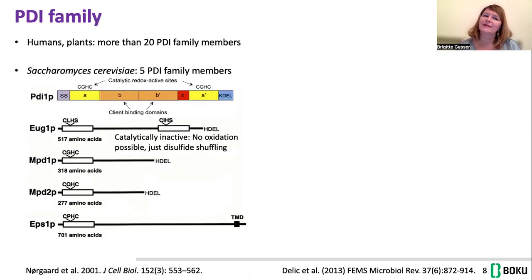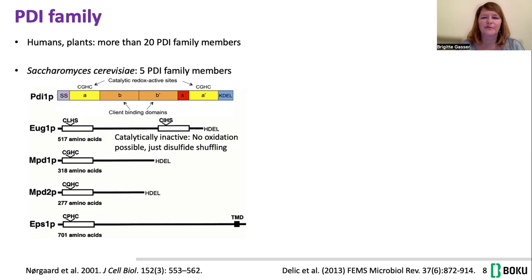This brought us to our next question. So PDI is not a single protein. In addition to the canonical, well-known PDI that I've been talking about so far, there are more than 20 PDI family members in humans and plants. And also in Saccharomyces cerevisiae, you have 4 additional family members, one of them being catalytically inactive, but the others can take over the activity of PDI in some part.